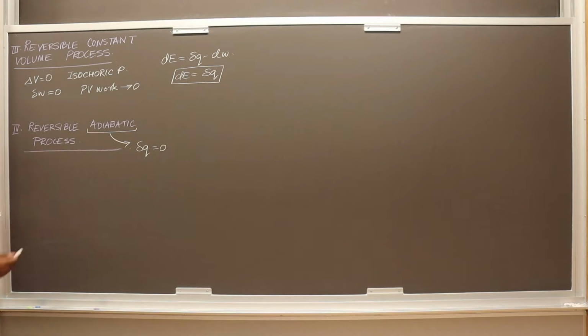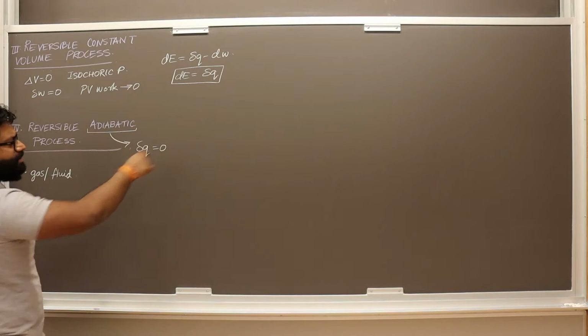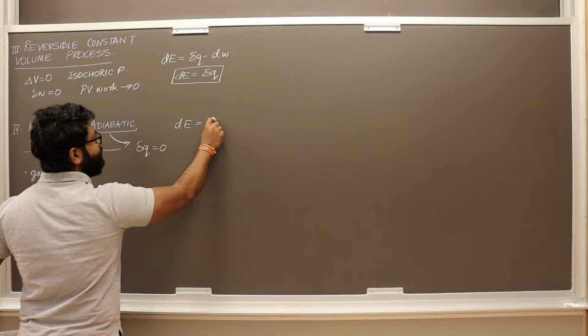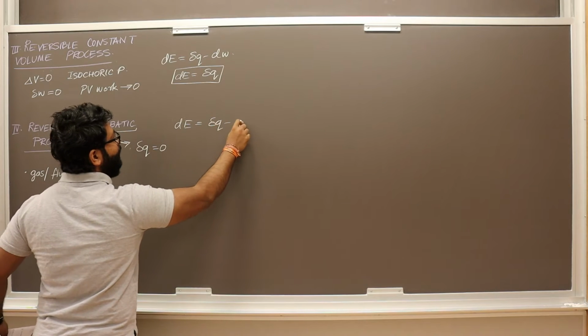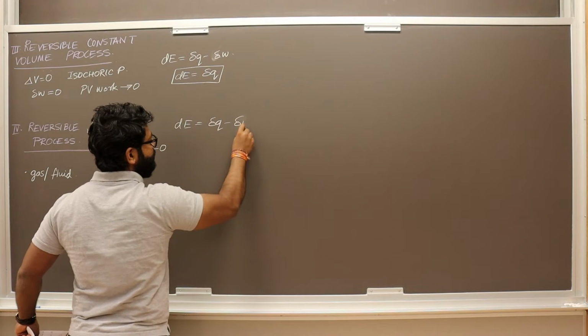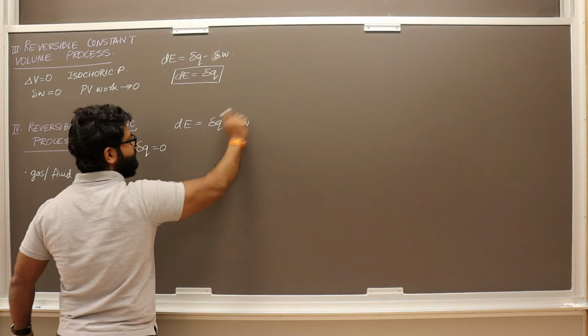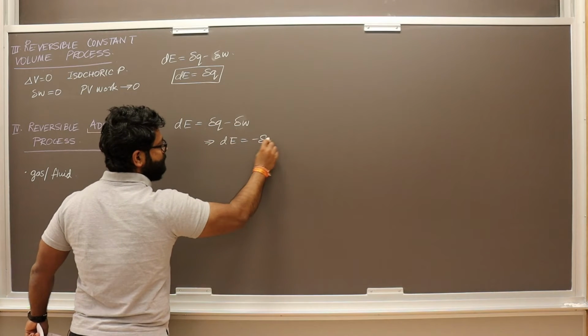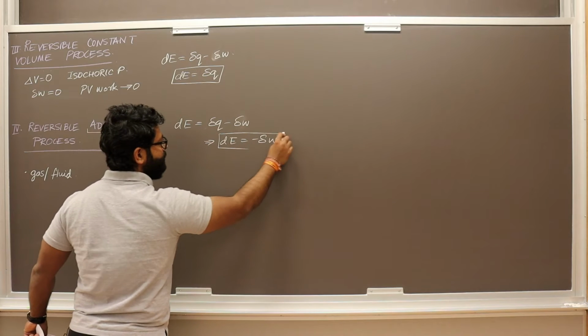Now, let's suppose you have a gas or you have a fluid, right? Now, if you have del Q equal to 0, let's first just write down the first law. This becomes 0. So this simplifies to this, right?